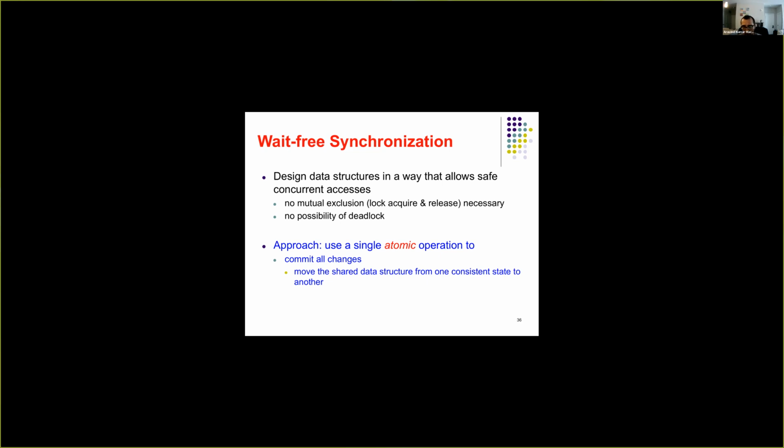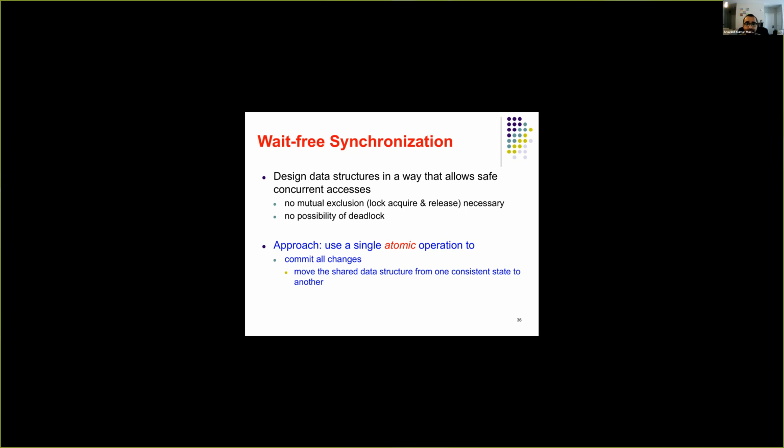Here, the approach is we use a single atomic operation, and that will ensure that the state of the data structure is moved from one consistent state to another consistent state. So there is no invalid state of the data structure. Any operations that we make on the data structure are all consistent, irrespective of who makes them.